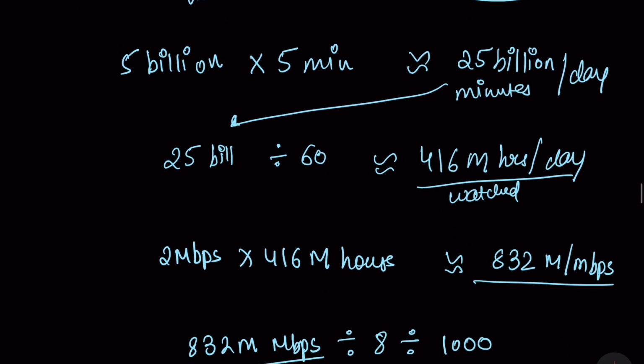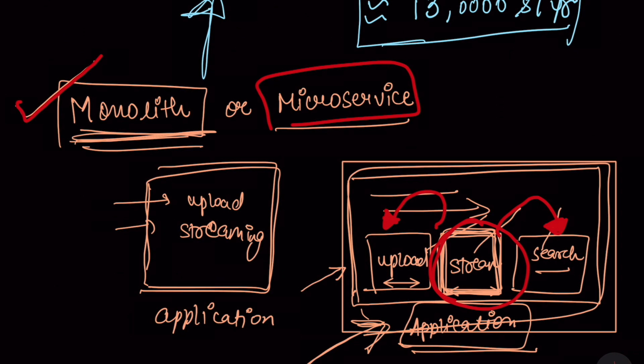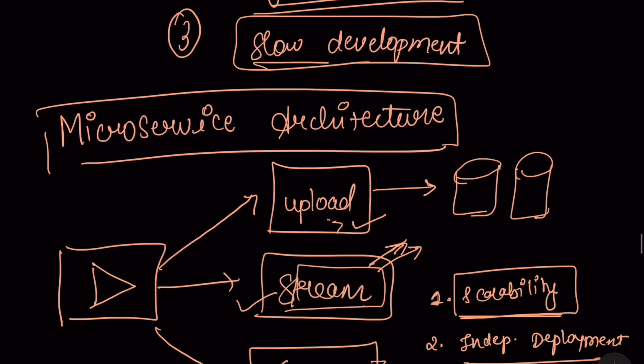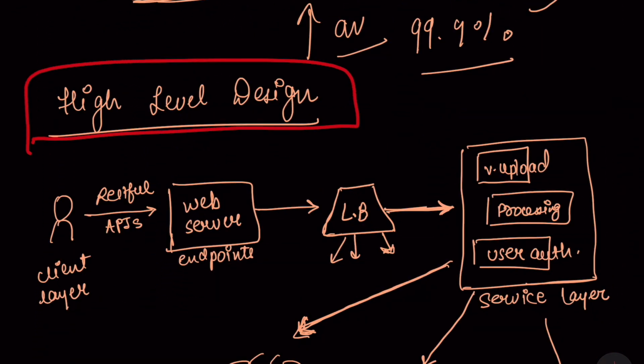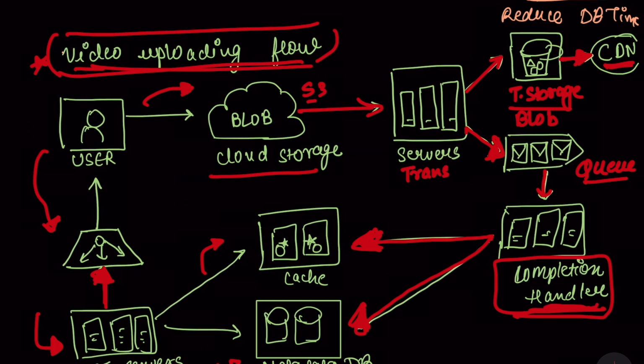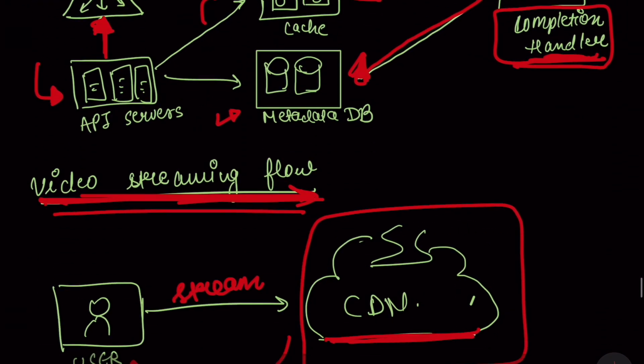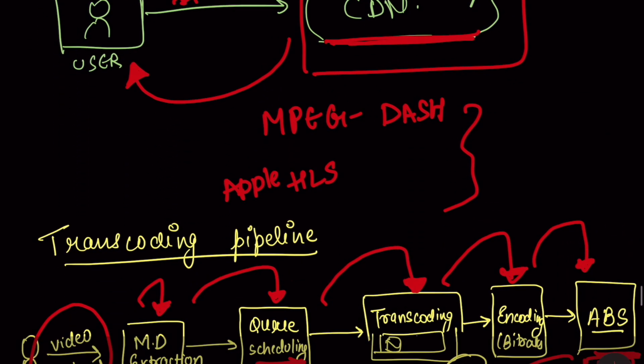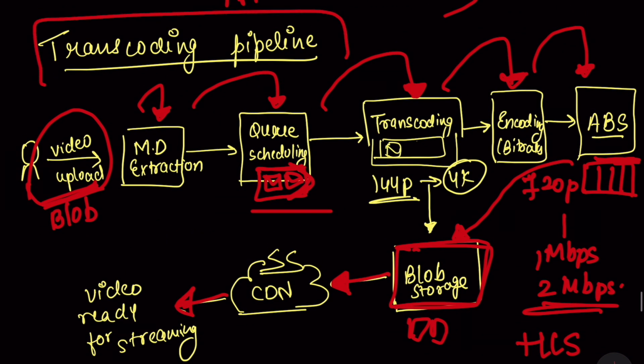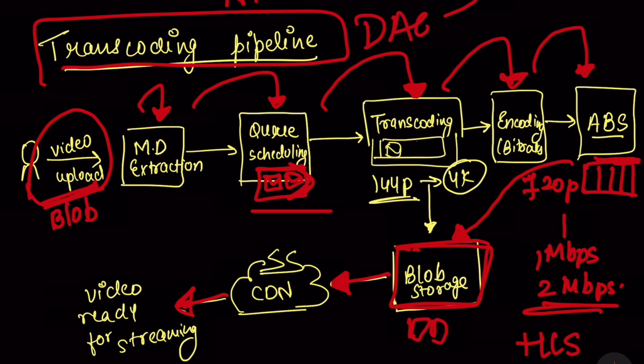Then we talked about whether we want a microservice or a monolithic service. Then we created the high level design of YouTube. And in detail, we talked about the video upload flow and also the video streaming flow. And then we talked about the transcoding pipeline, how the transcoding works, and the DAG representation.